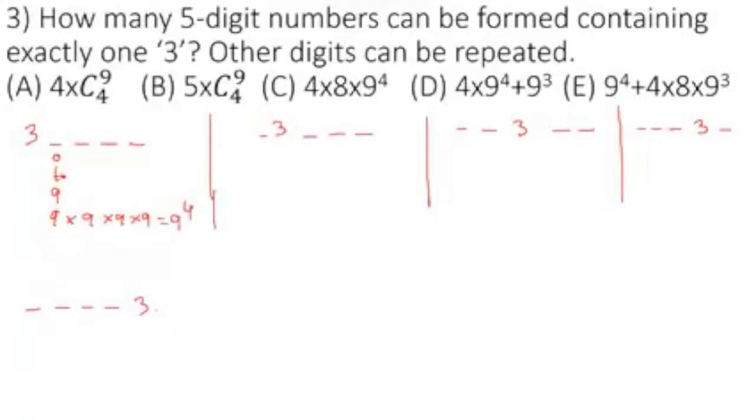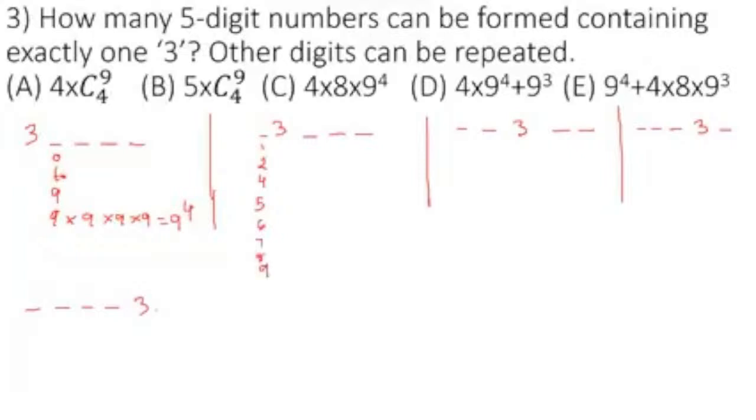Similarly, if I fill the 3 in the second place, I need a 5-digit number, so 0 will not come and 3 will not come. Except 0 and 3, I can take any other possibilities: 1, 2, 4, 5, 6, 7, 8, 9.